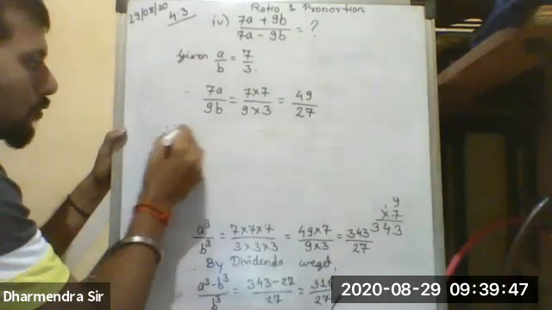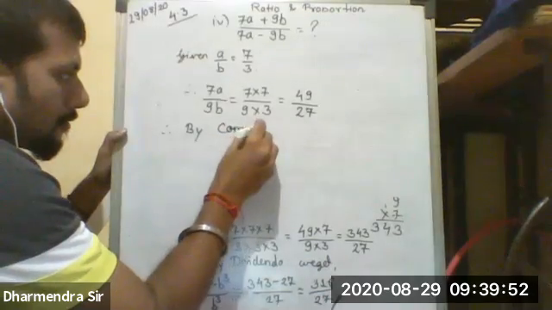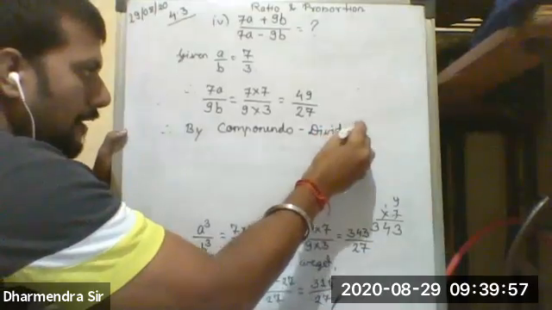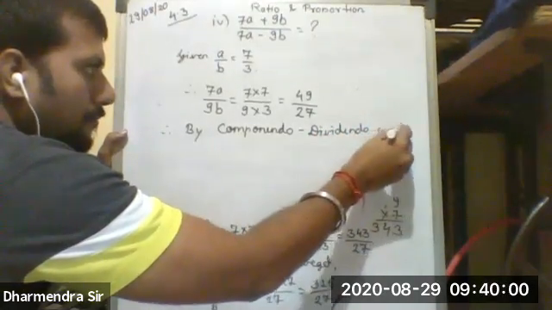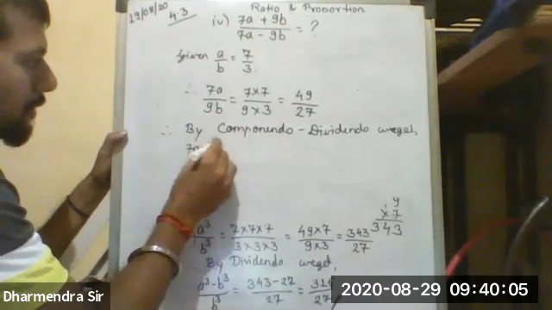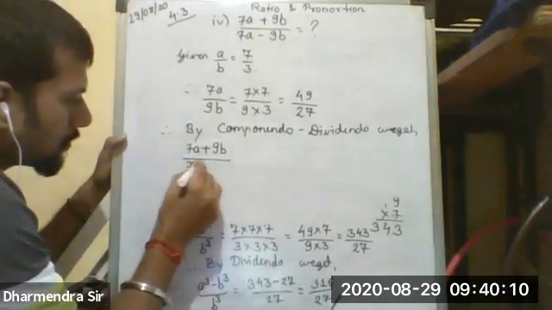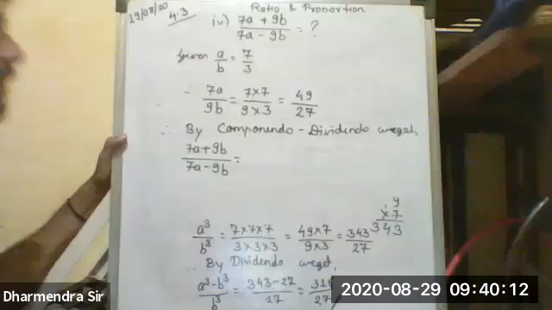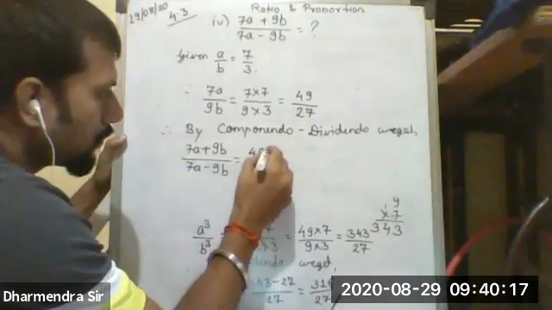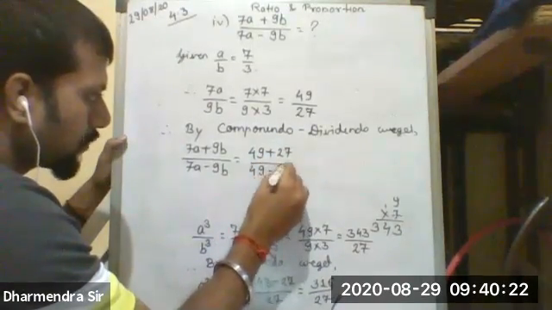So therefore, by componendo and dividendo, we get (7a + 9b) upon (7a − 9b) is equal to (49 + 27) upon (49 − 27).